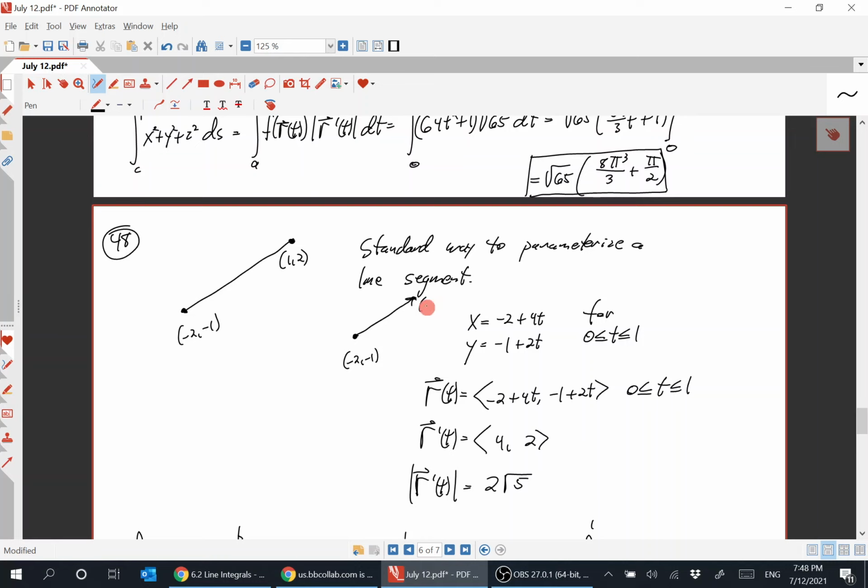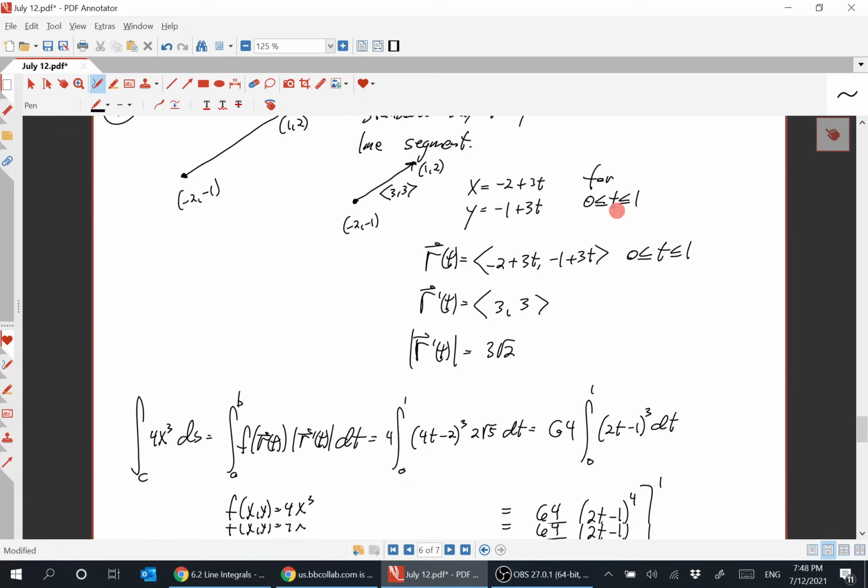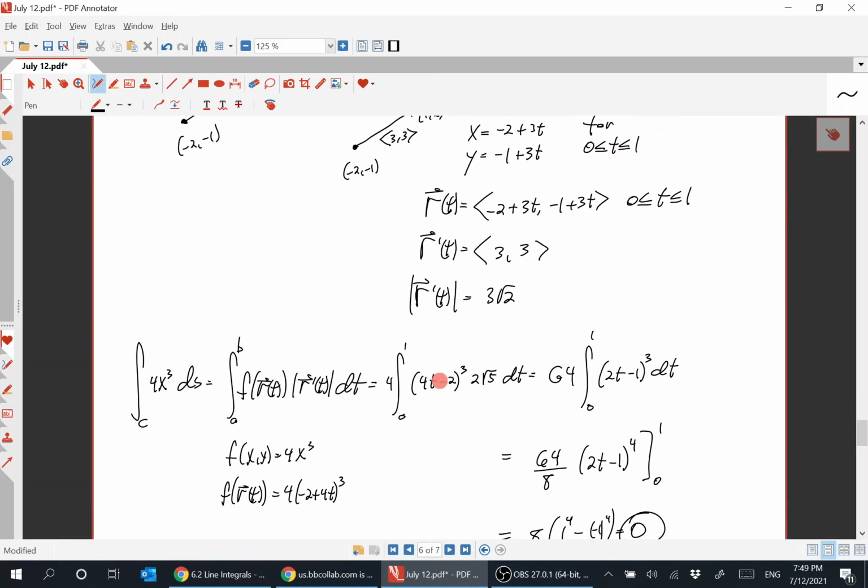So if this is 1, 2, then the vector along here is 3, 3, 3. So this is 3t, 3t, 3t, 3, 3. So the length is 3 root 2. So the stuff's a little bit different. So this is (3t minus 2) to the third, 3 root 2.